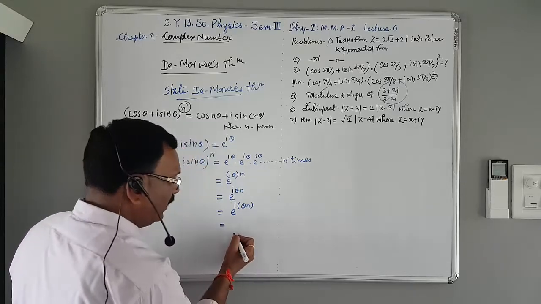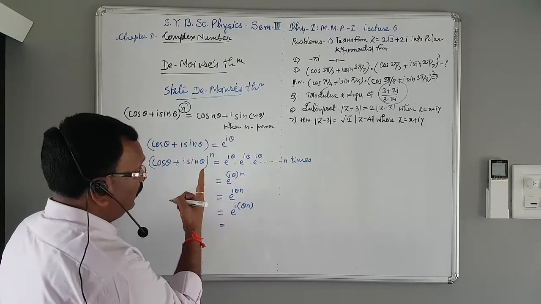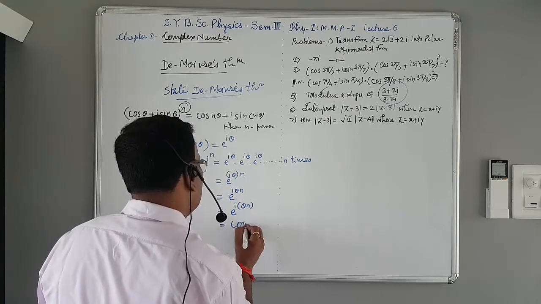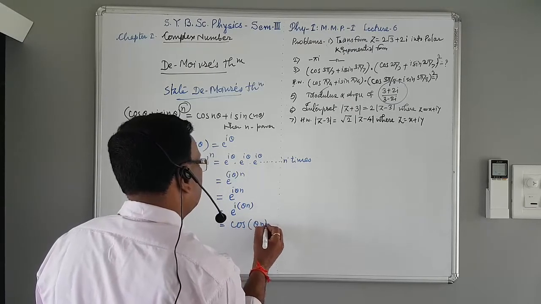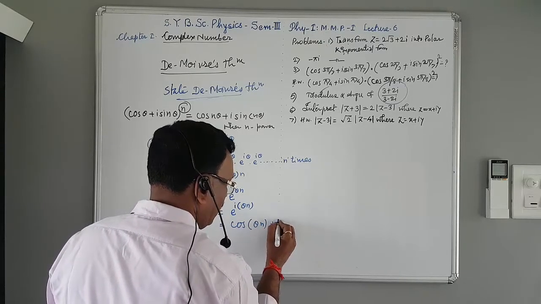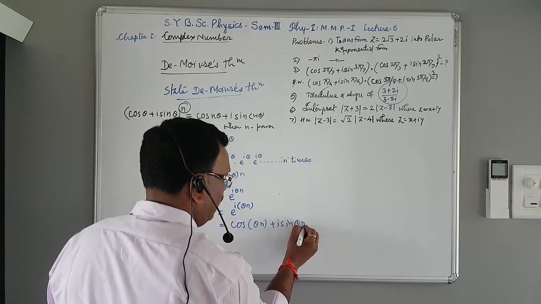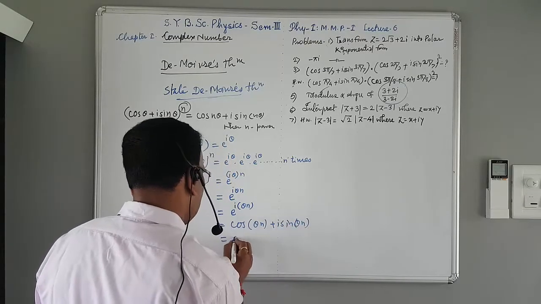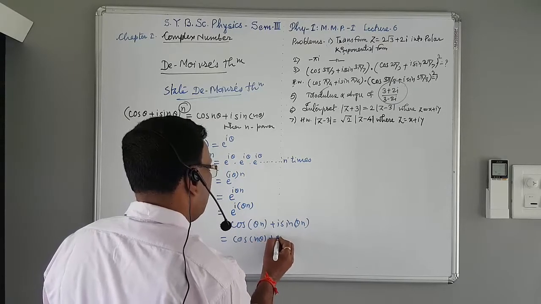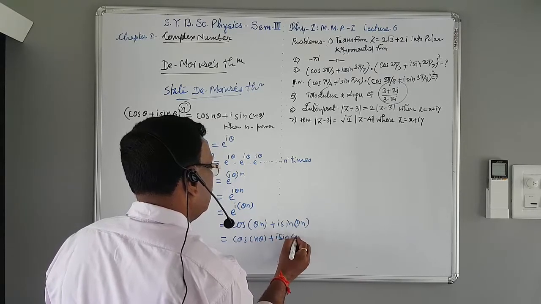Now this gives us, according to Euler's formula, cos n theta plus i sin n theta.